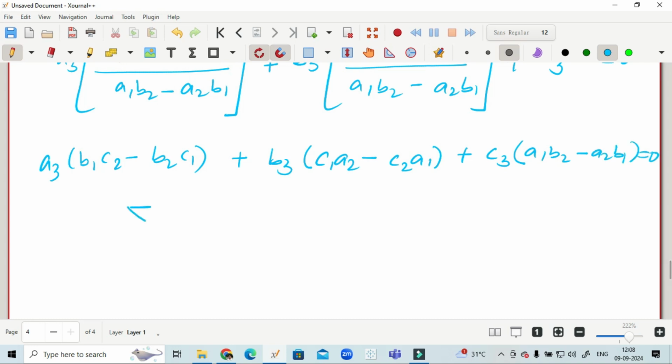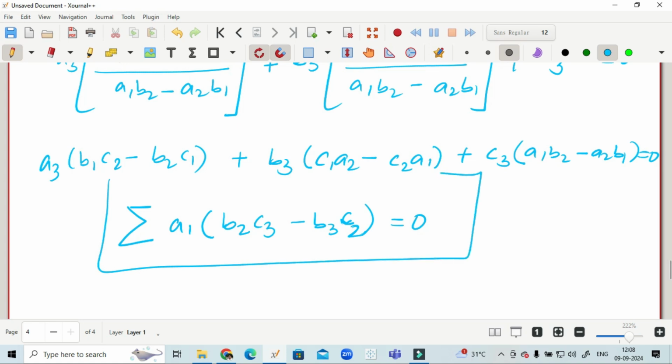This is nothing but sigma a1(b2c3 - b3c2) = 0. So this is the condition for concurrency, hence proved.